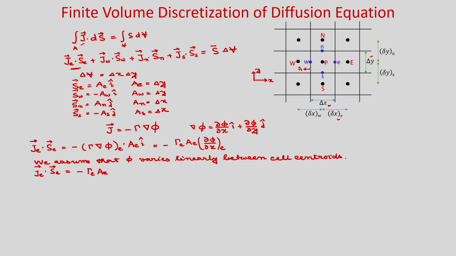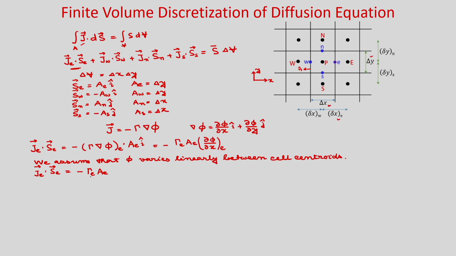Similarly, between P and W it is delta x w, the cell center distance between north and P is delta y n, and between P and S it is delta y s. So, we have written this terminology for a non-uniform grid. If it is a uniform grid, then obviously delta x w is equal to delta x e.